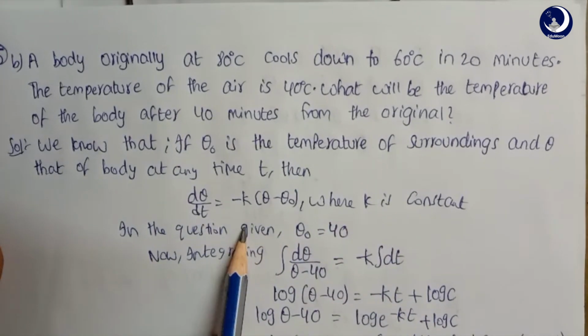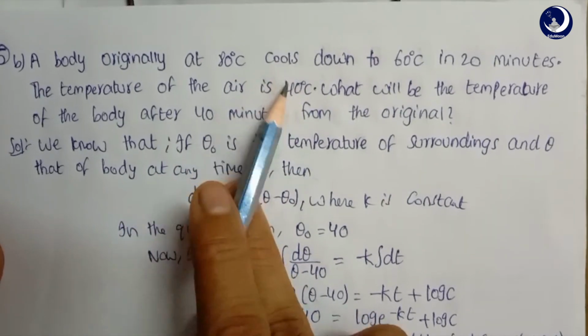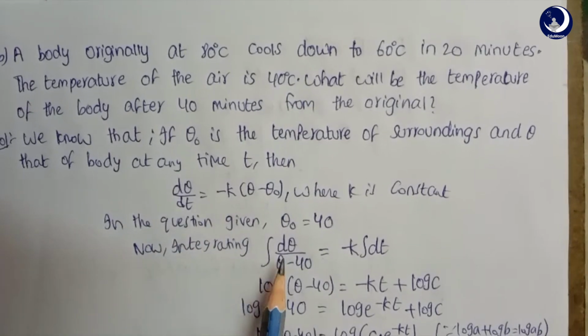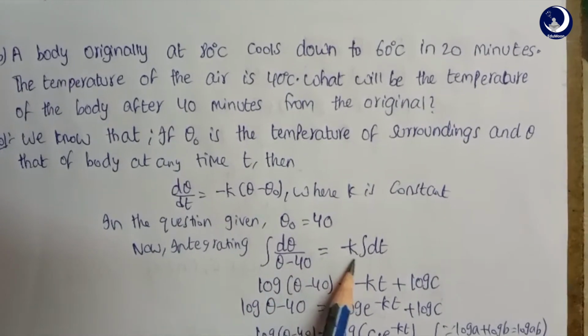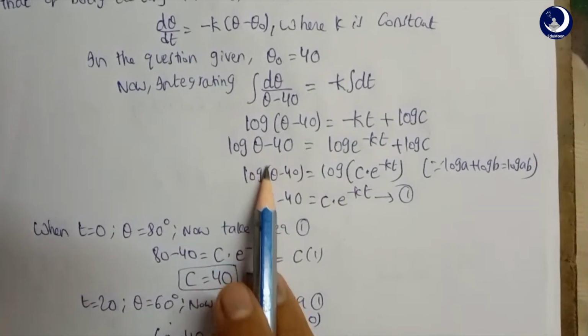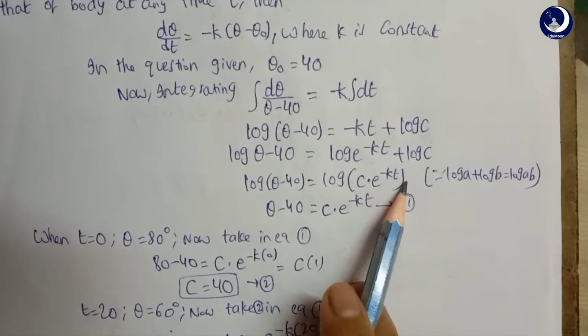In the given question, theta naught is 40 degrees, which is the temperature of air. Now integrating on both sides, integral d theta by theta minus 40 equal to minus k into integral dt. I got log of theta minus 40 equal to log of c into e power minus kt.